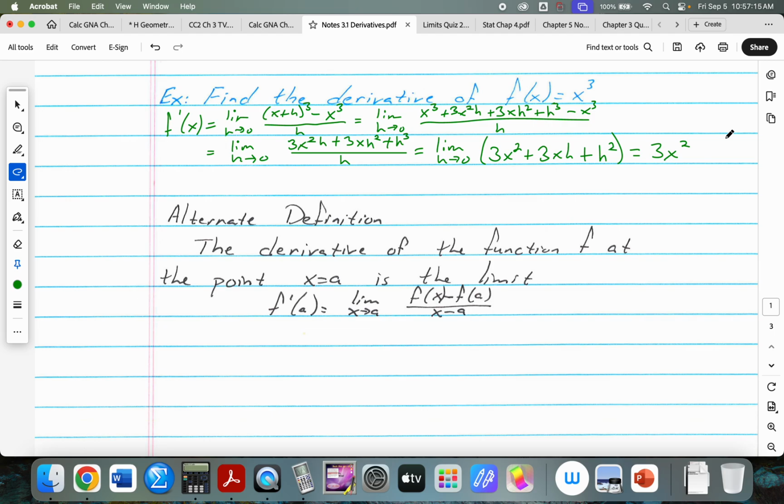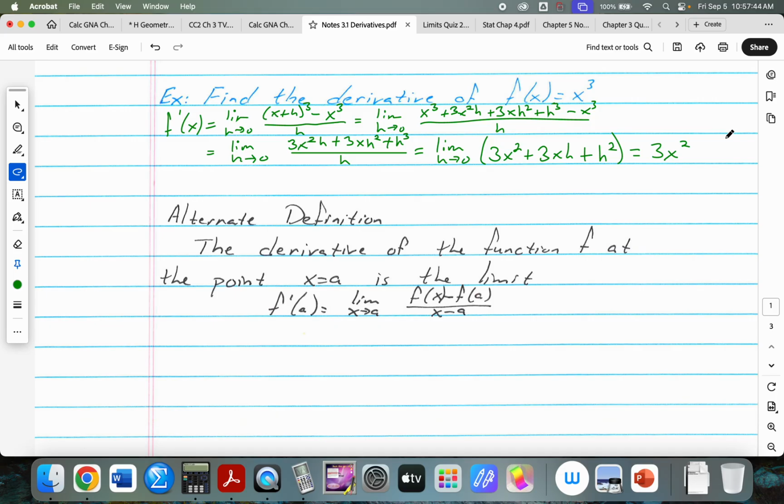So there's an alternate definition. Now, I'll just tell you up front, unless someone says use the alternate definition, I don't ever use it. But your book is occasionally going to ask you to use the alternate definition. And it's worth knowing, but in terms of do I use it for things? Probably not. Every now and then it's easier if you use the alternate form.